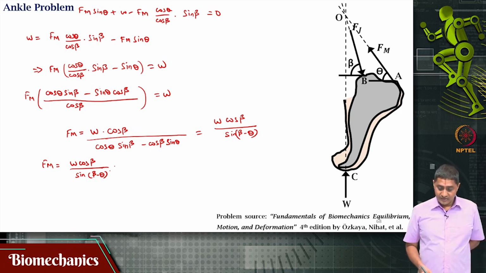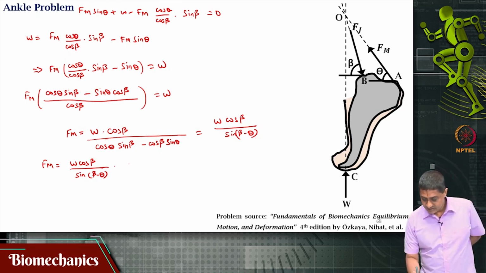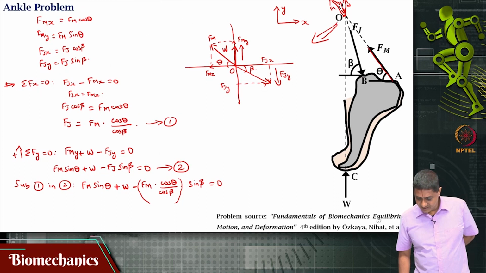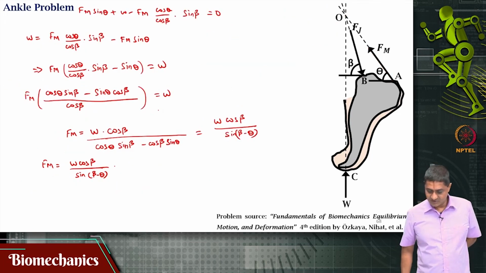Now, substitute this Fm in the expression for Fj. What is that? Remember from the previous slide, Fj is Fm times cos theta divided by cos beta, that is equation 1.